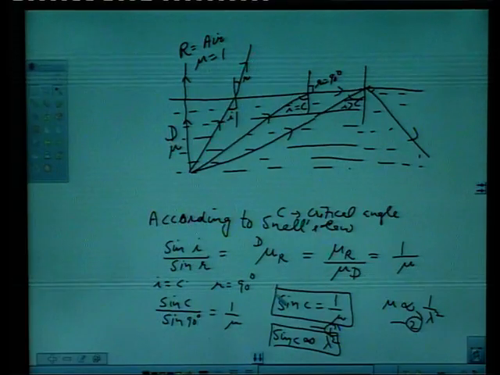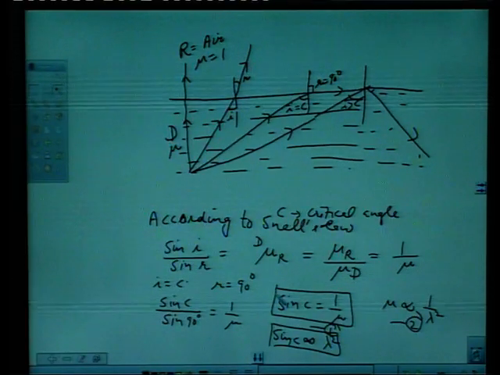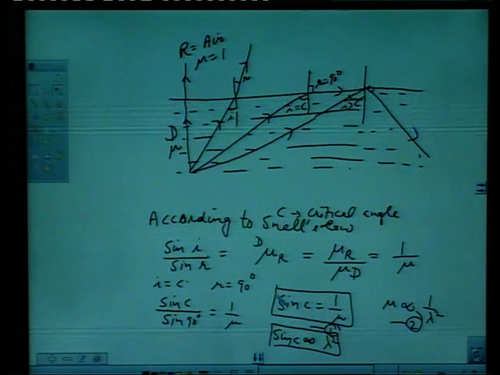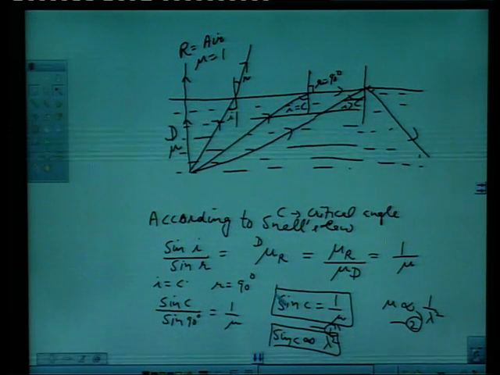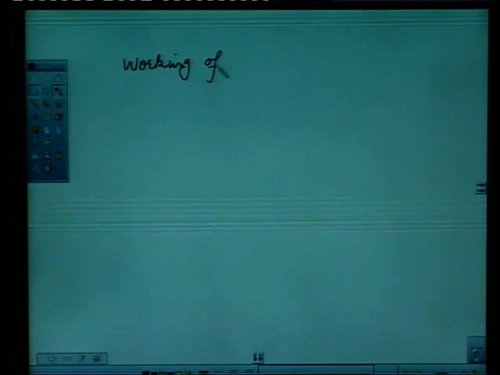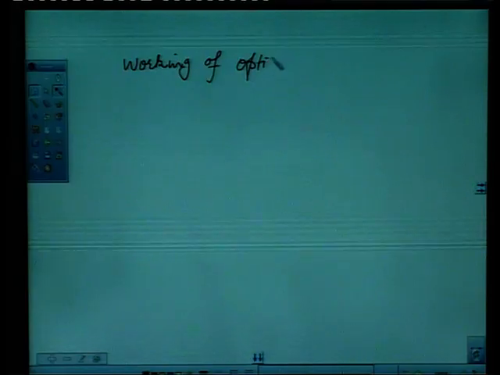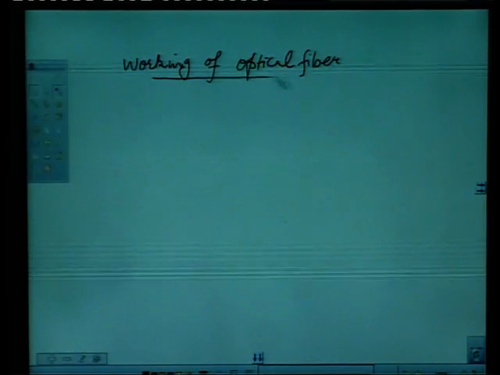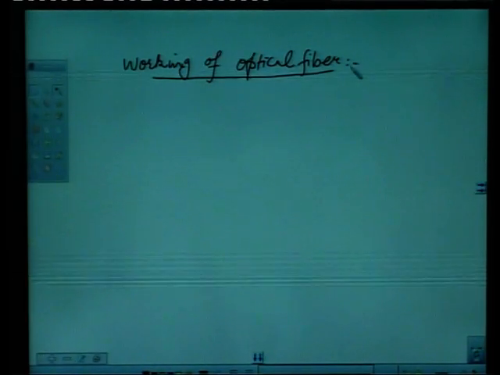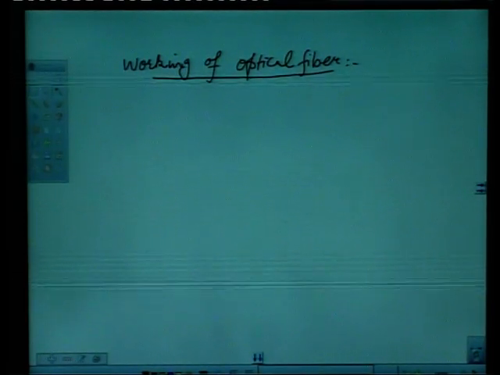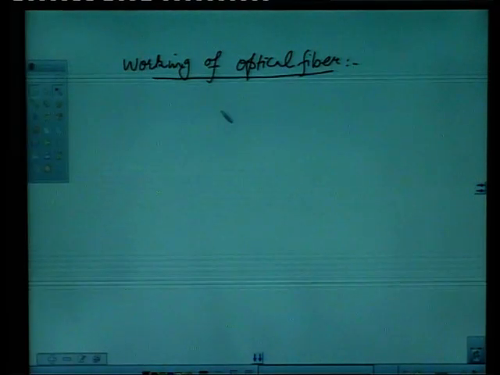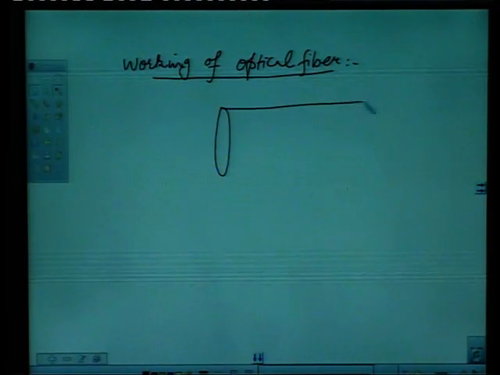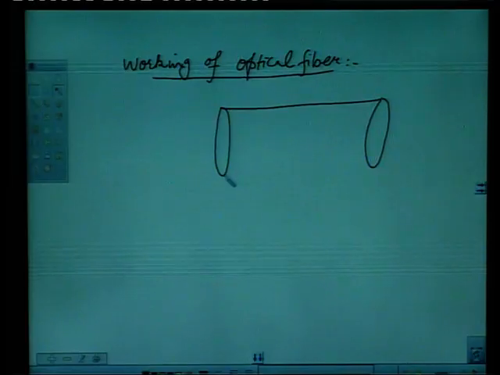Now next we come to the working of the optical fiber. Firstly, we will draw the diagram. Suppose this is our optical fiber.